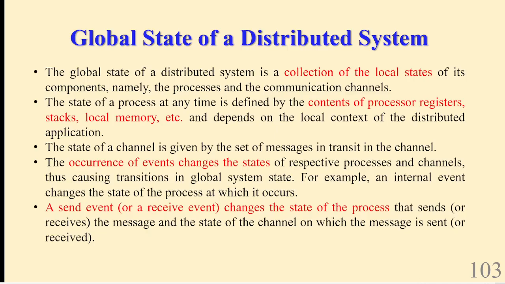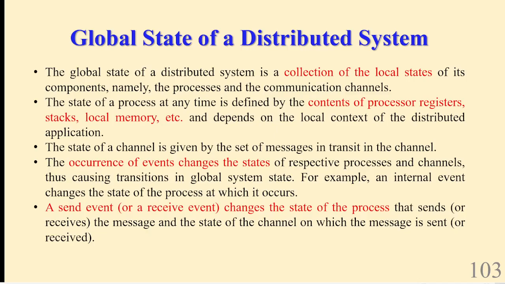If there is an account for a person P1, the balance is rupees 5,000. I have said the same example before also. If the balance is rupees 5,000, that information is available for that local state alone. No one else is going to know.